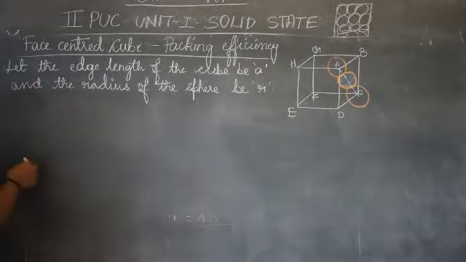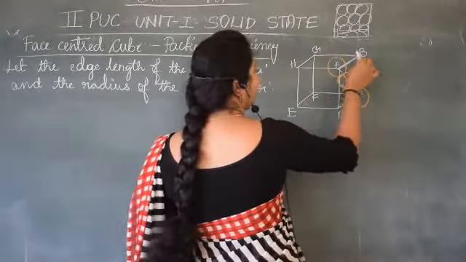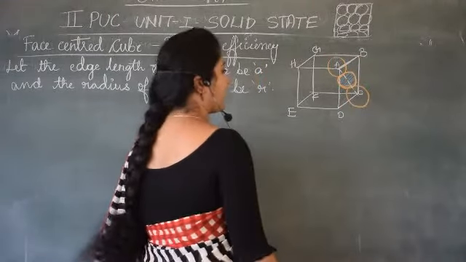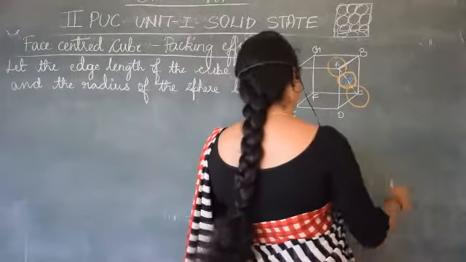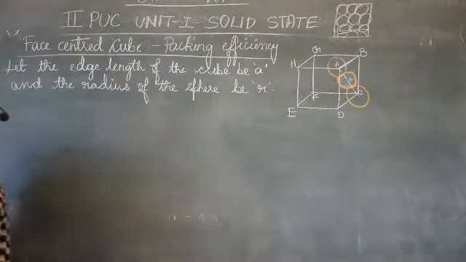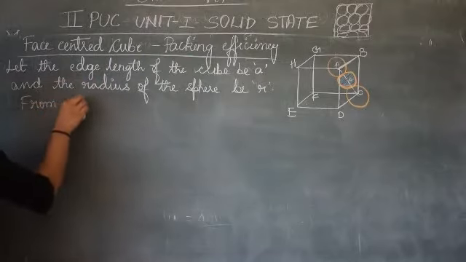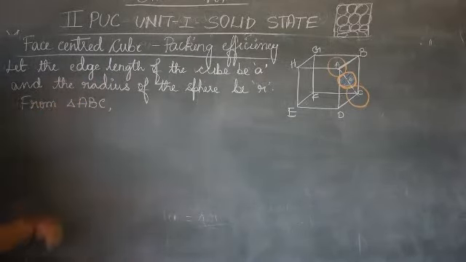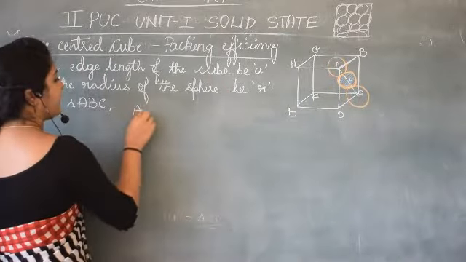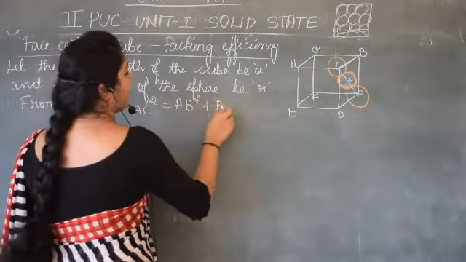Now we'll consider the triangle ABC, since I have marked the diagonal here. If you consider ABC, then the diagonal length will be B. From triangle ABC, AC square is equal to AB square plus BC square.